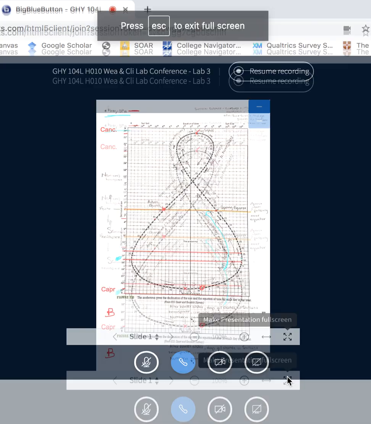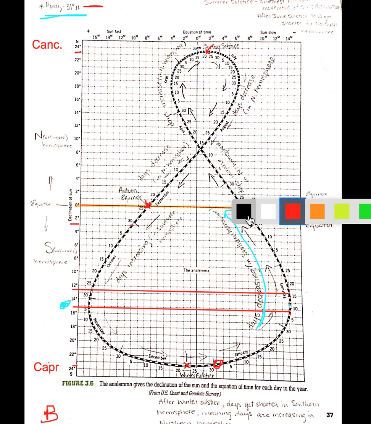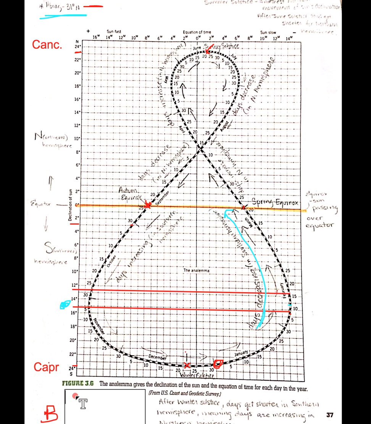Let me full screen it real quick. Coordinates are going to be 35 D for degrees, south. Then it's going to be 90 degrees north. And then it's going to be 75 degrees south.